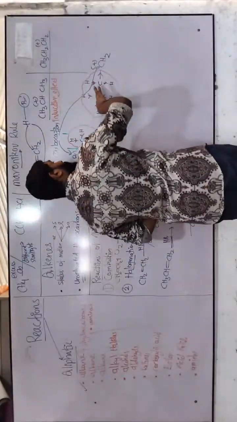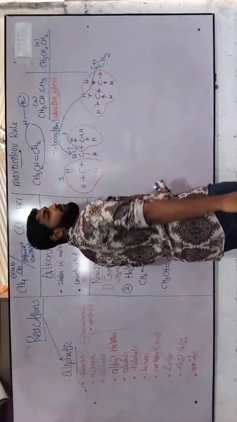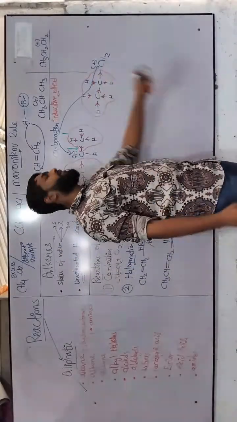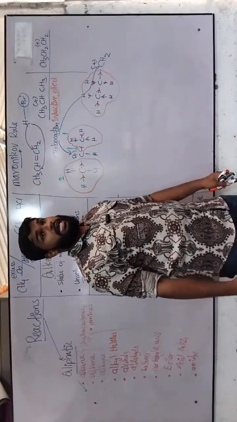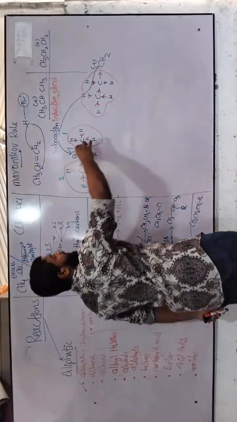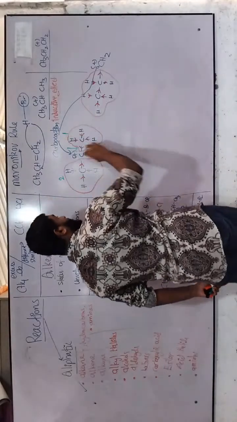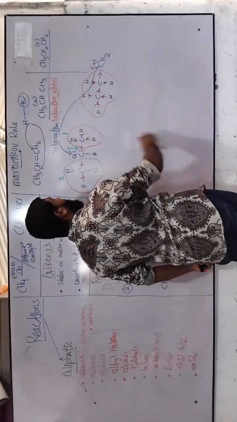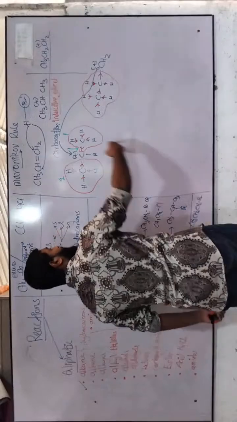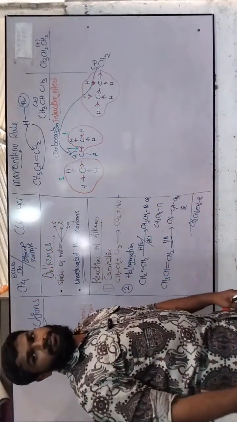The stability of this carbon is much less than this carbon, because its positivity is much higher. Once you compare this, depending on the stability only, Markovnikov said that the hydrogen goes to the place where the carbon is more stable. On either side, the hydrogen has to be given.